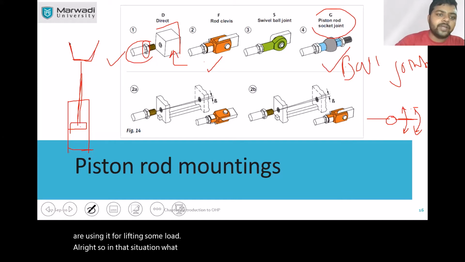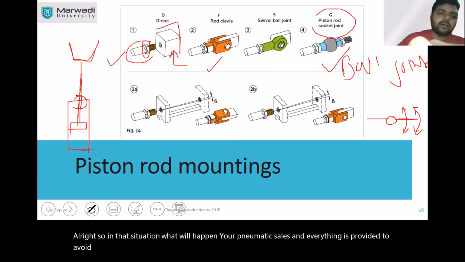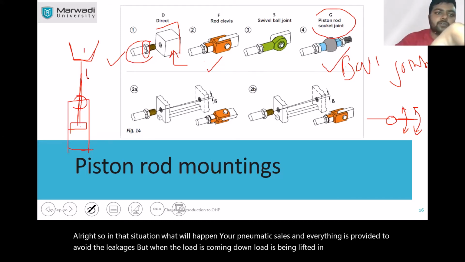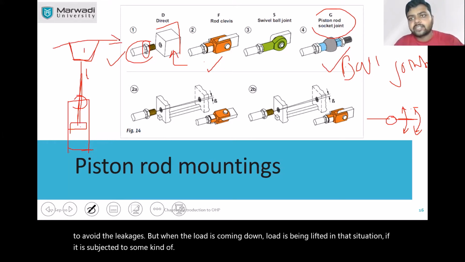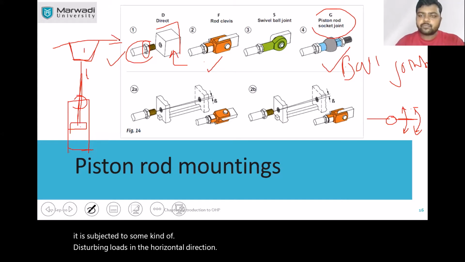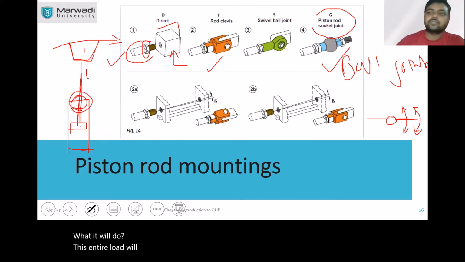Your pneumatic seals and everything are provided to avoid leakages. But when the load is being lifted, if it is subjected to some kind of disturbing loads in the horizontal direction, this entire load will be transferred to the pneumatic seals.